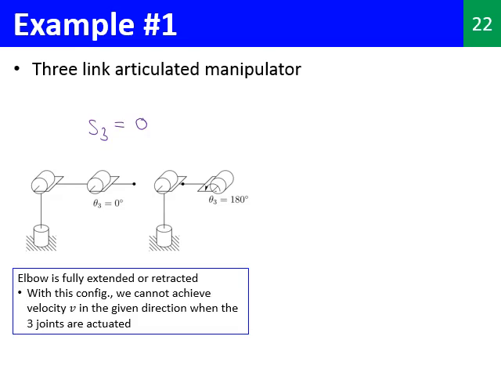The first one is when theta 3 is equal to 0, and the second one is when theta 3 is equal to 180 degrees. This one is when the elbow is fully extended, and this is when the elbow is fully retracted. With these configurations, you can understand that we cannot achieve any velocity v in this direction.